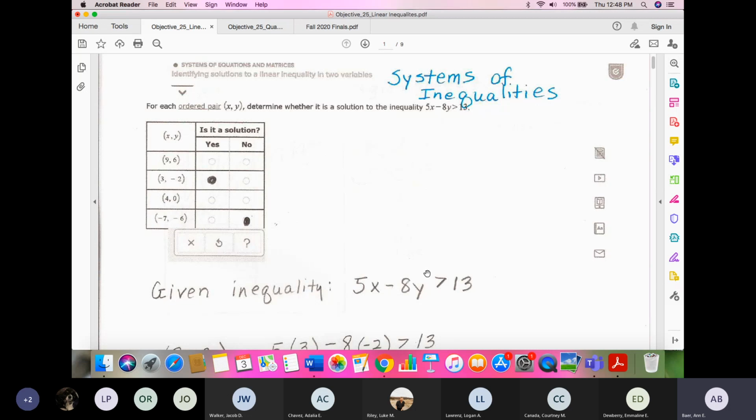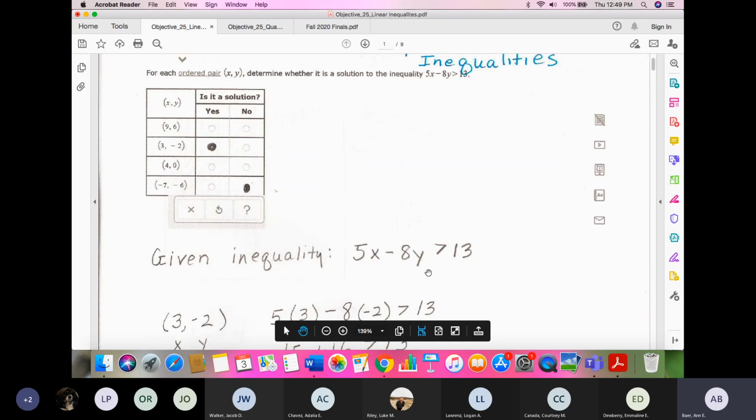To get started, we need to talk about how we determine if an ordered pair is a solution. It says for each ordered pair, x comma y, determine whether it is a solution of the inequality 5x minus 8y greater than 13.